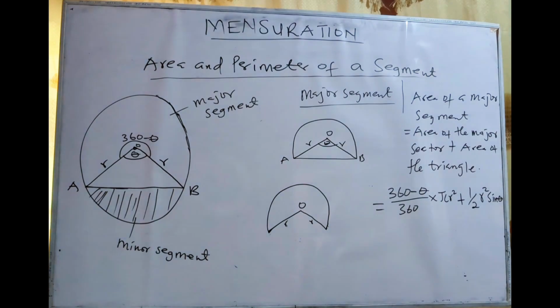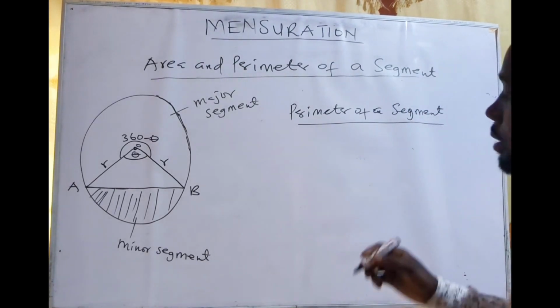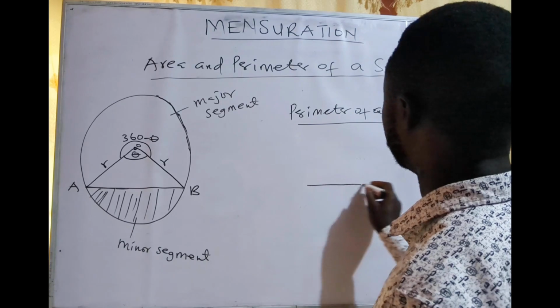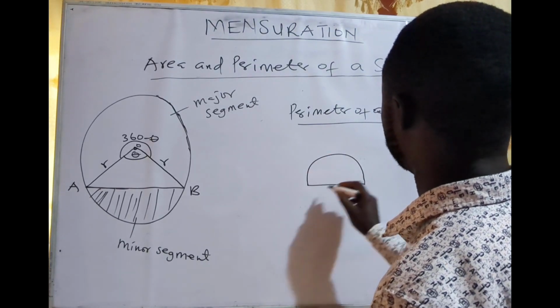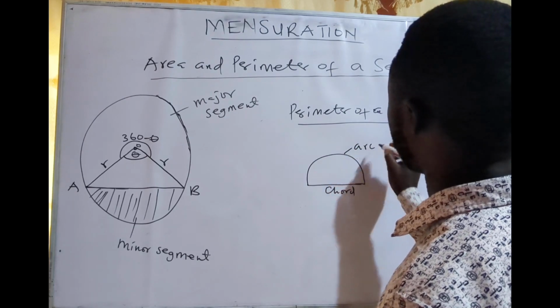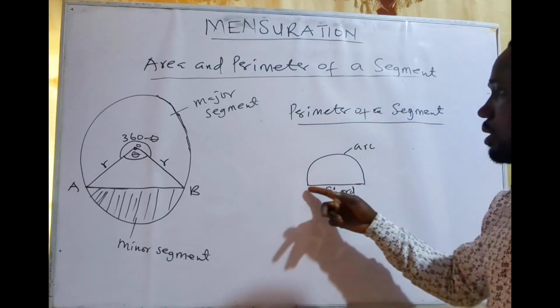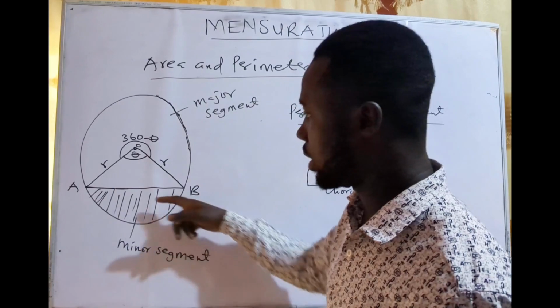Let's look at the perimeter of a segment, then we bring our lesson to a close. We have already established the fact that a segment comprises a chord and an arc.